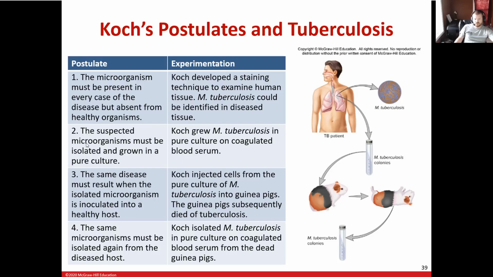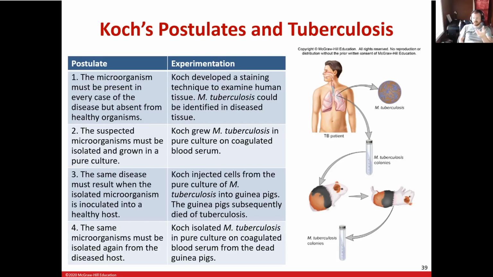So number two, the suspected microorganism must be isolated and grown in pure culture. Again, for the most part, well, we can do that. So for instance, strep throat, you can swab the back of the throat and then grow up the strep bacteria in culture. The problem with number two, though, is we can't grow most bacteria.